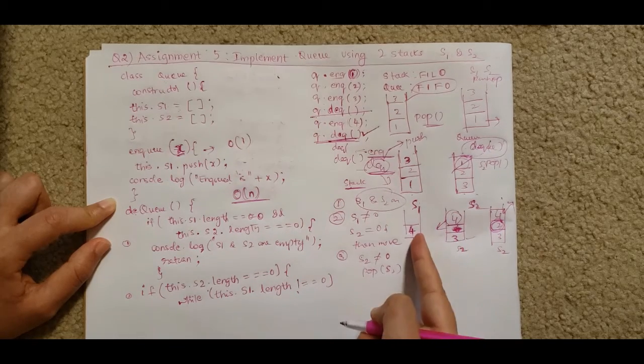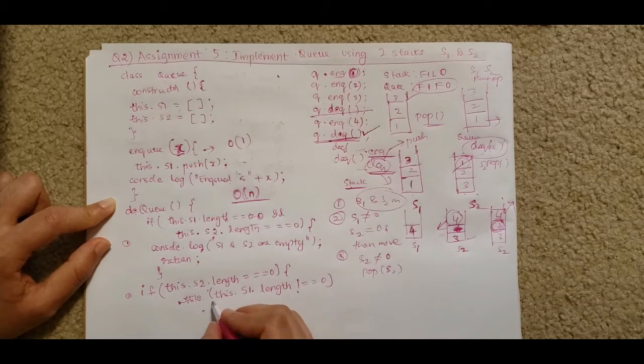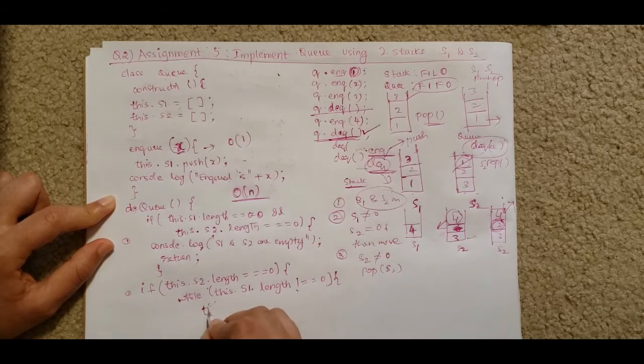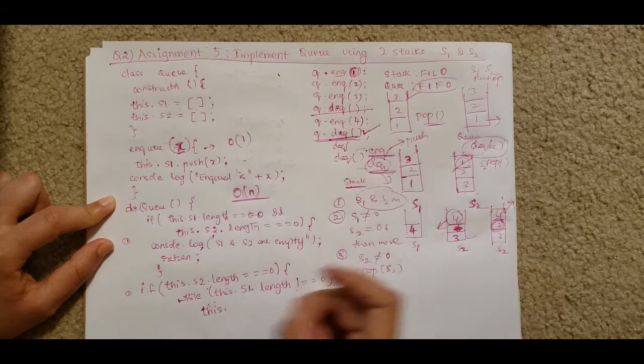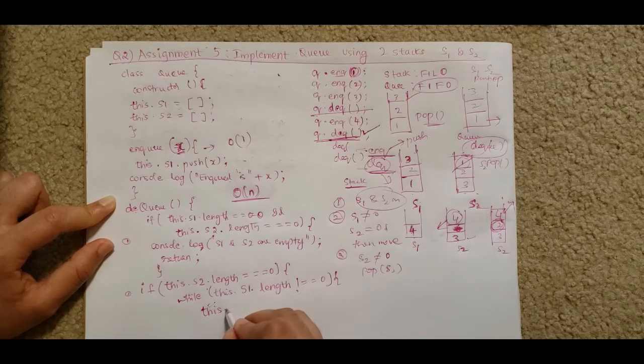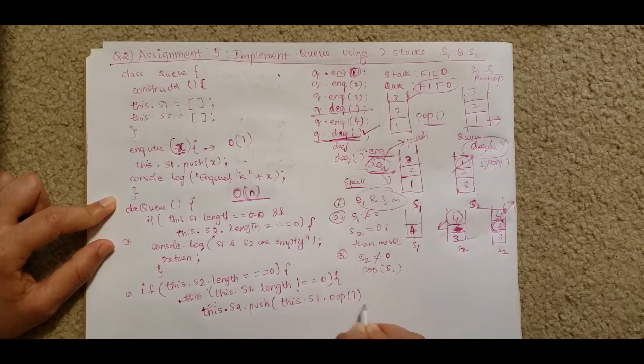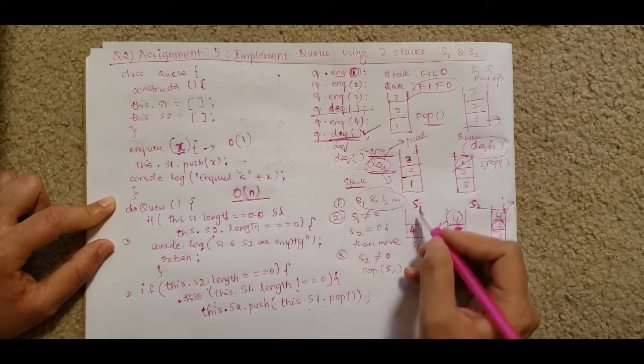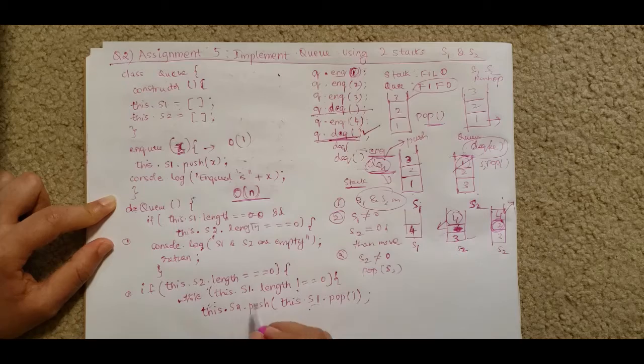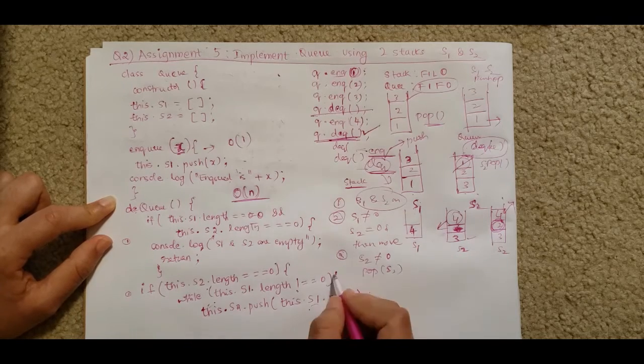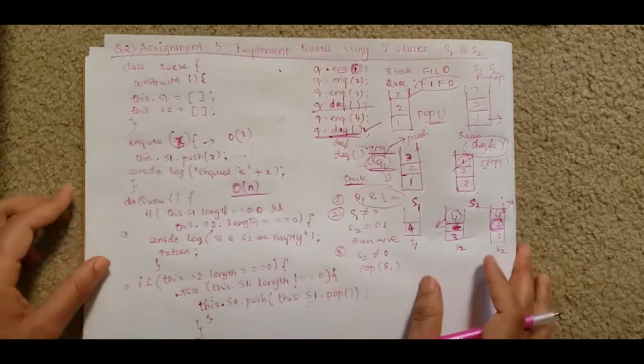If there are elements in s1 and s2 is empty, then what we have to do is push to s2 the popped element from s1: this dot s2 dot push this dot s1 dot pop. So the popped element from s1 should be pushed to s2. That is what this line says. So close the while loop and close the if.